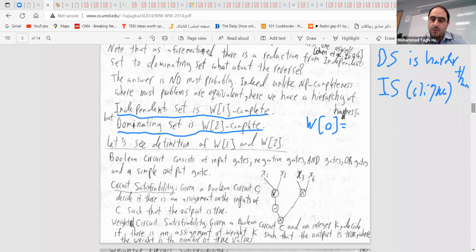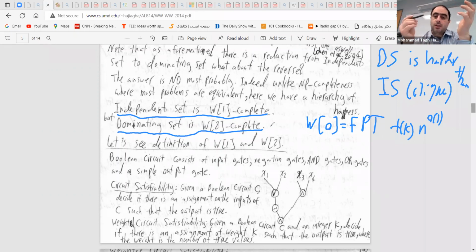W0 is essentially the fixed parameter algorithms, those for which there is an f of k times n to the order 1 time algorithm for the problems. So we know fixed parameter algorithms are those where we can actually get f of k times n to the order 1. Independent set is W1-complete and dominating set is W2-complete. But let's define W1 and W2.